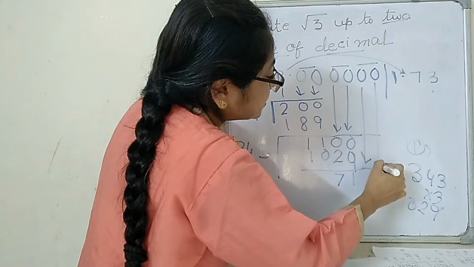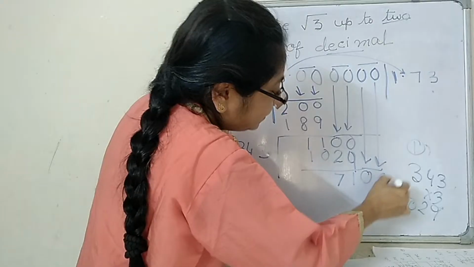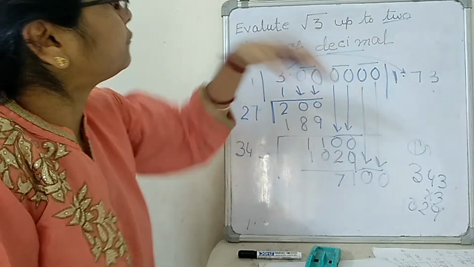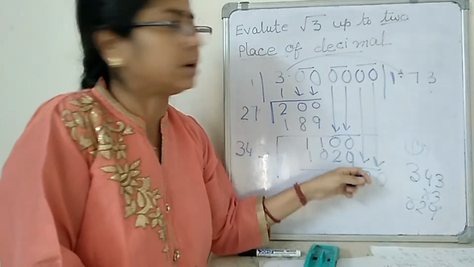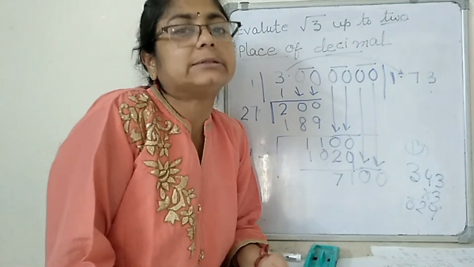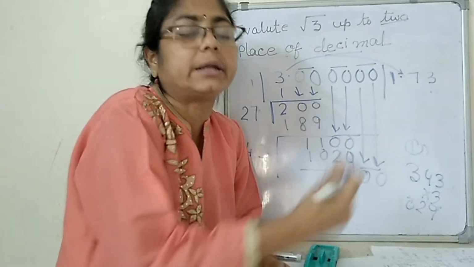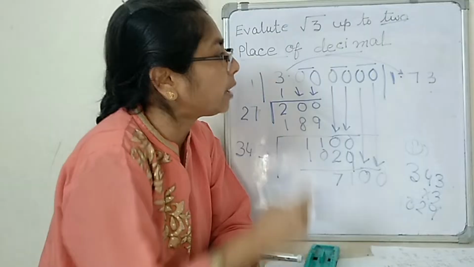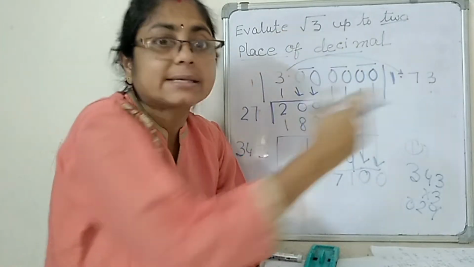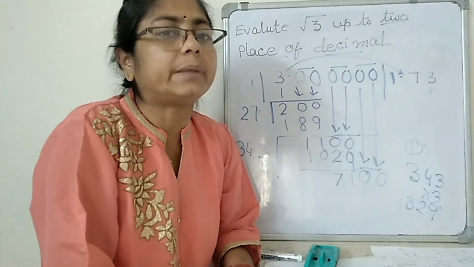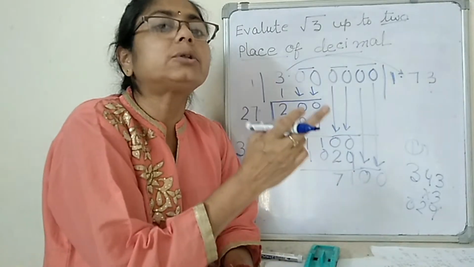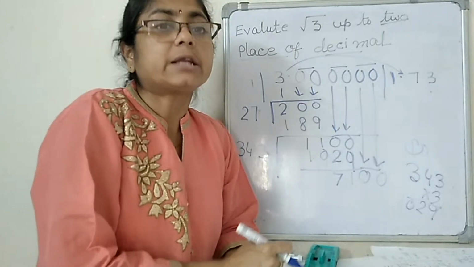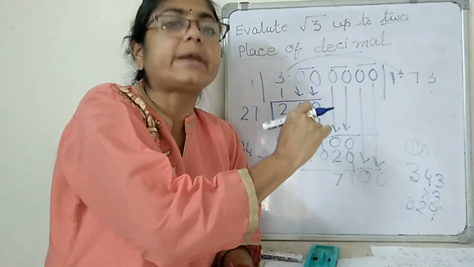Right? Another thing. You can ask me, we already got the answer after 2 places of decimal, so why should we find the third digit? Because if the third decimal digit is 6, which is more than 5, then according to the rounding off rules, it may change to 0.74.